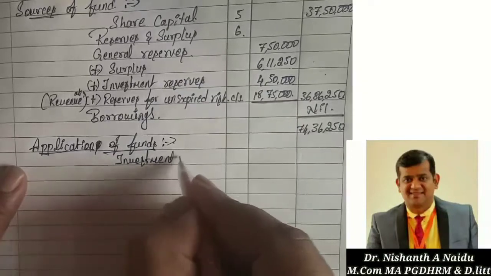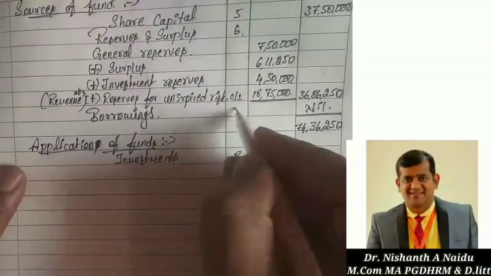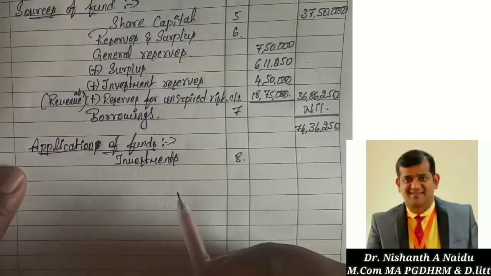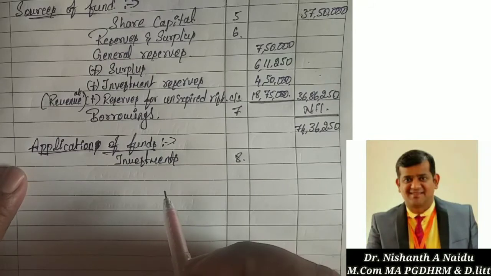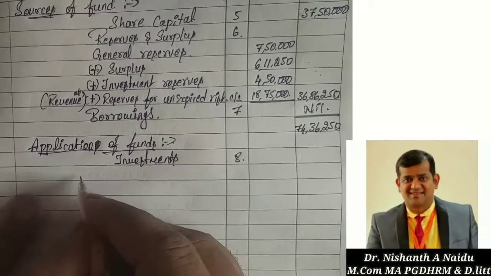Investments schedule number 8, and this borrowings is schedule number 7. Okay, so investments schedule number 8, that is deposits with RBI.